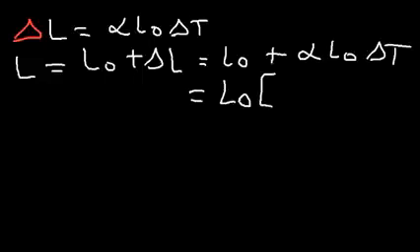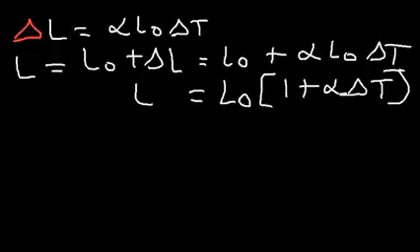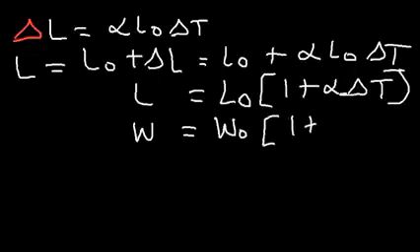If we do, it's going to be 1 plus alpha delta T. So that's L. If that's L, we could say that W is W0 times 1 plus alpha delta T.